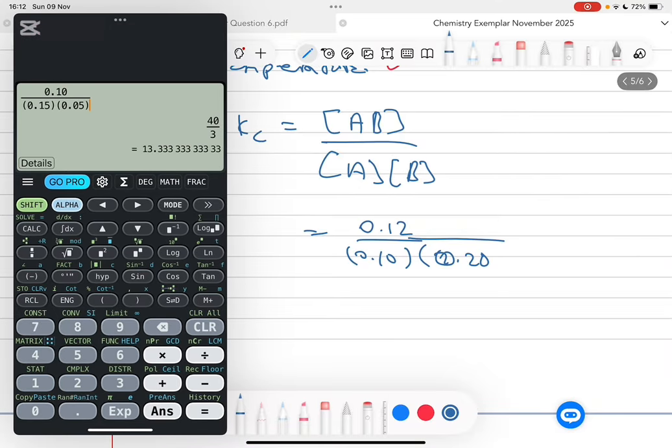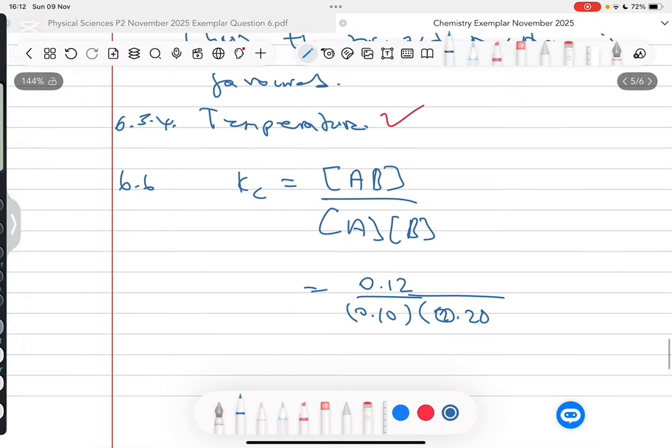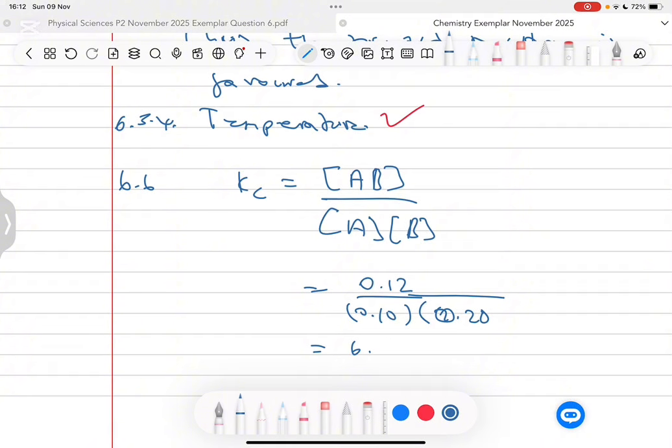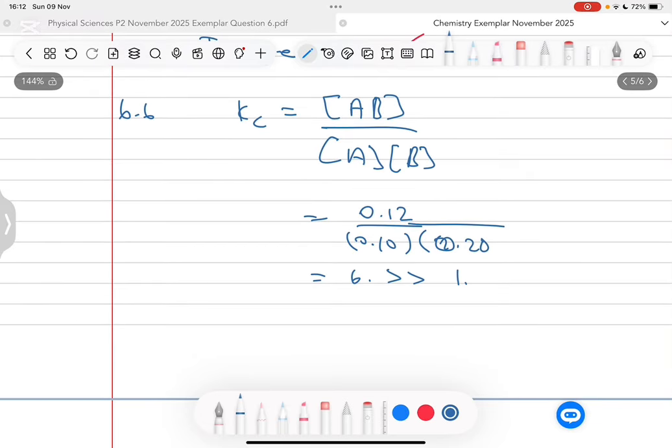And when we pull out our calculator, we really have an answer of 6. And again, you can see that this number is much greater than 1. And it tells you again that we're still favoring the forward reaction. That means we're forming more products than reactants. The reverse reaction really, in this case, we are forming less of the reactants.